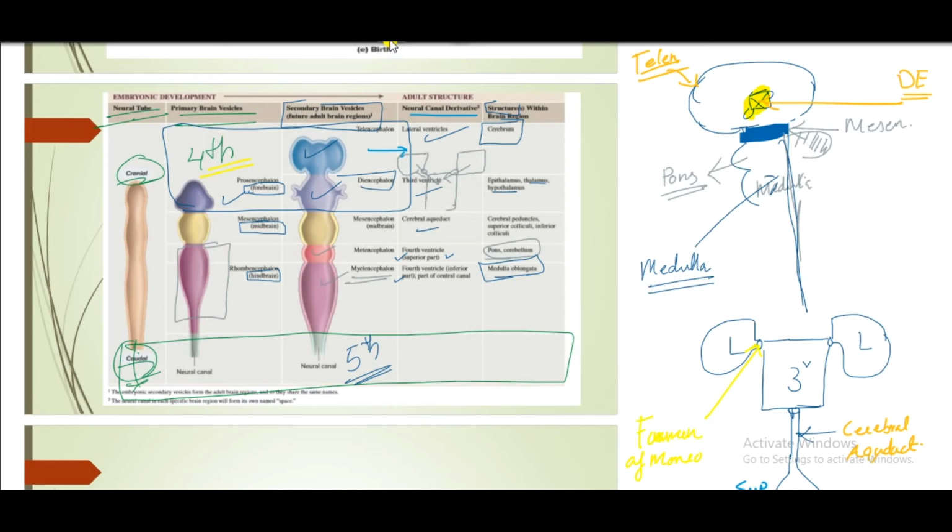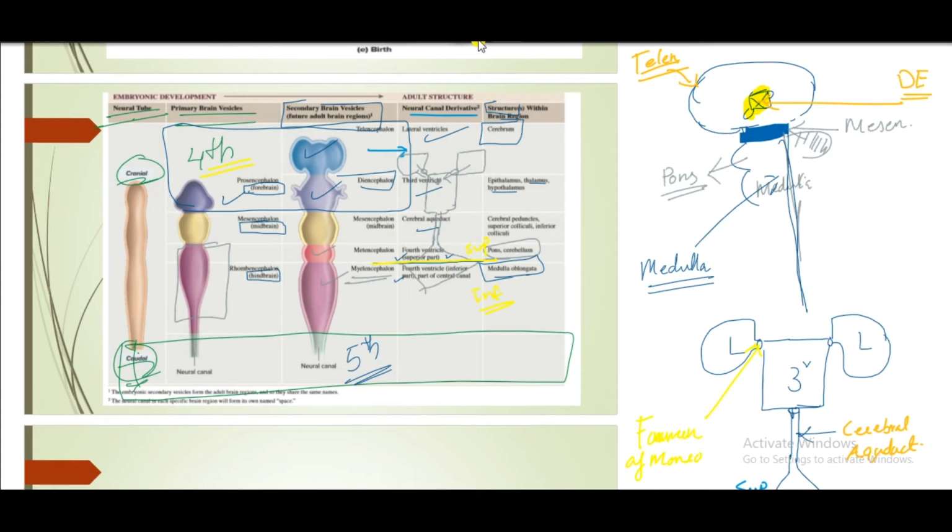Third ventricle is a cavity, and these ventricles are cavities. And we have cerebral aqueduct, and you have the fourth ventricle, and it has two portions, the superior portion and the inferior portion.